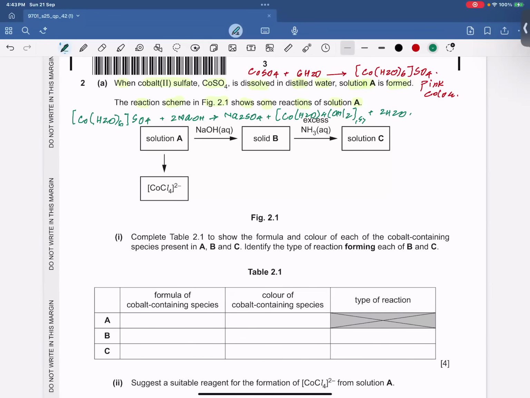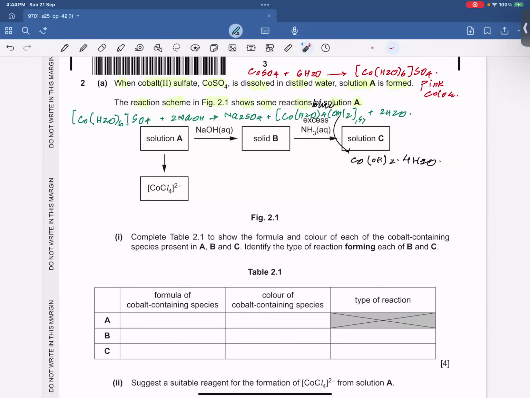And this precipitate has a blue color. So solid B is basically this compound, which, according to my lecture, could be written as cobalt hydroxide dot 4H2O. So the formula of the blue precipitate is this.